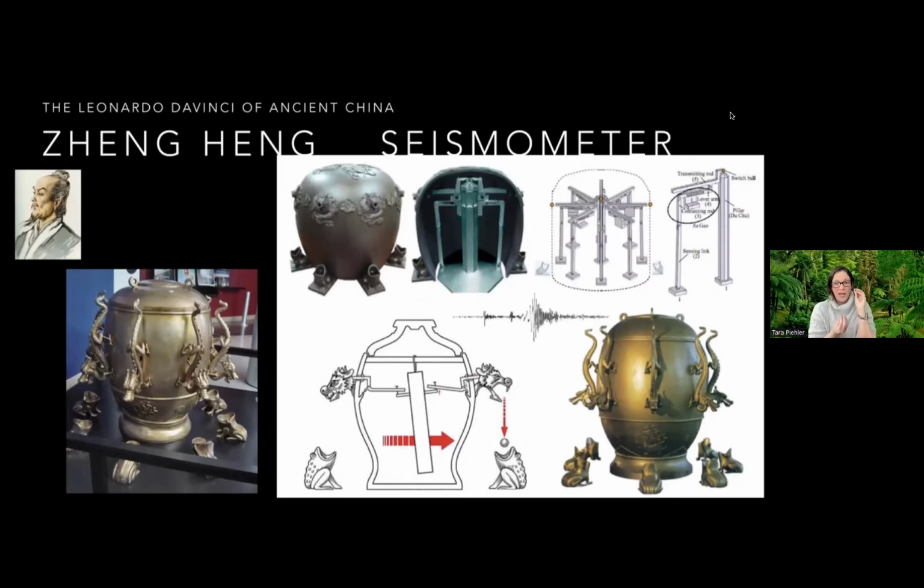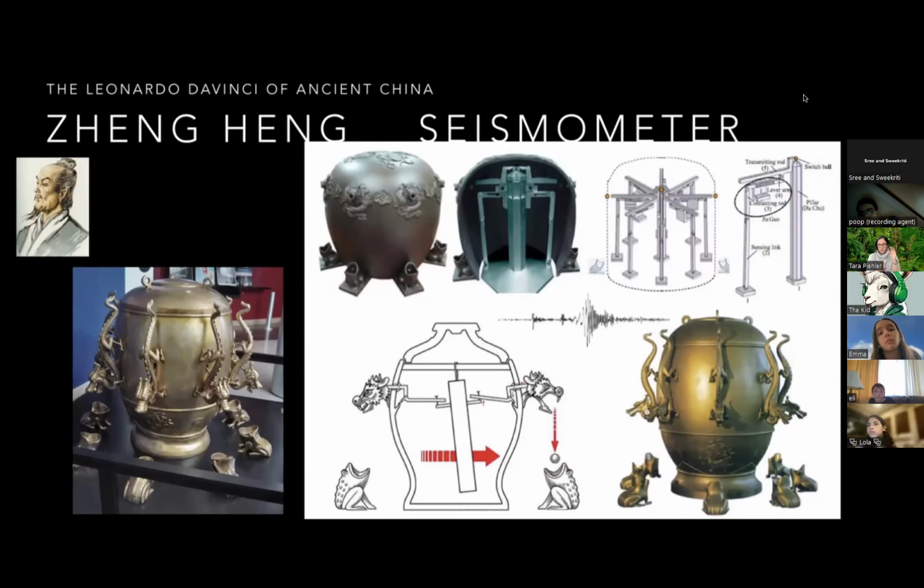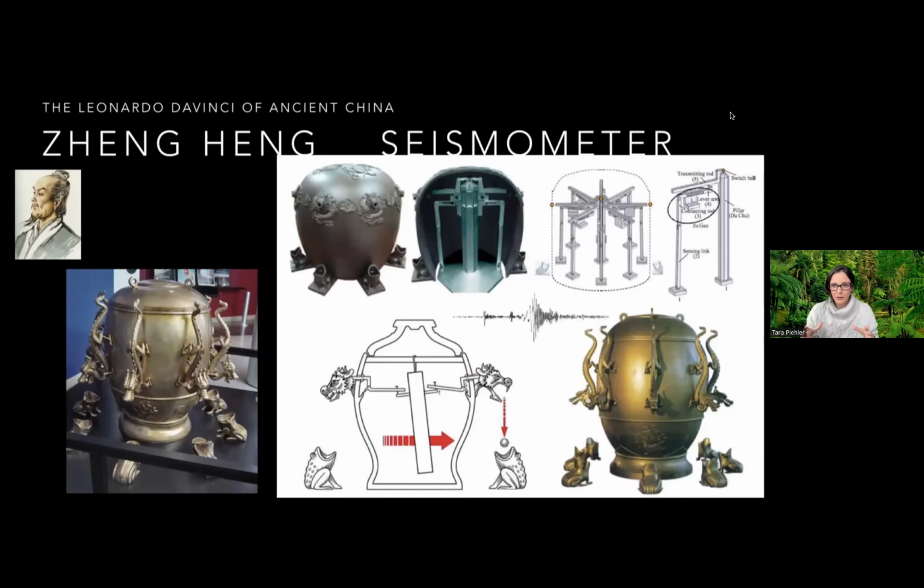Depending on which direction the earthquake is coming from, it swings in the opposite direction and the ball will drop. So this is one of the first seismometers to tell which direction an earthquake is happening in. This is pretty cool use of a pendulum, right?